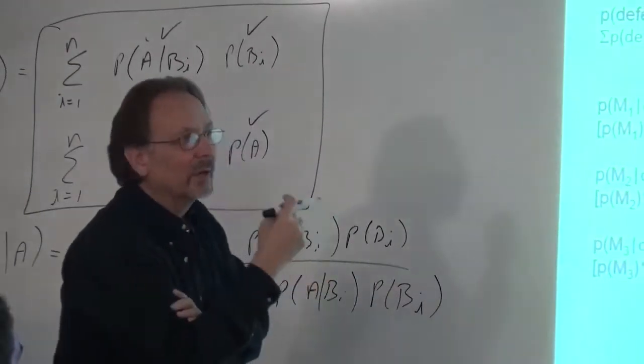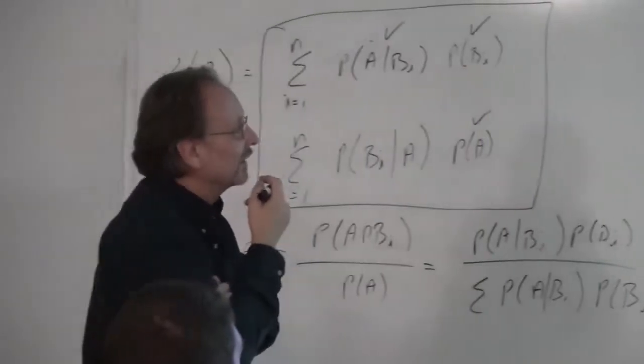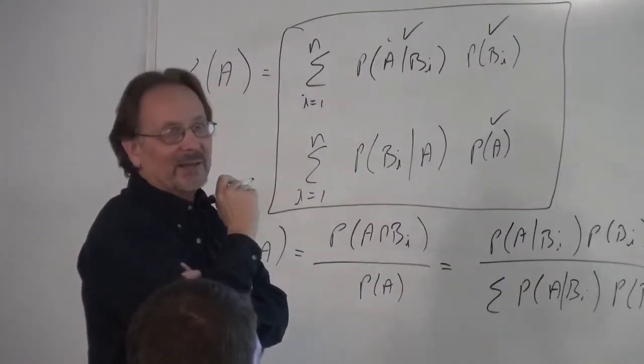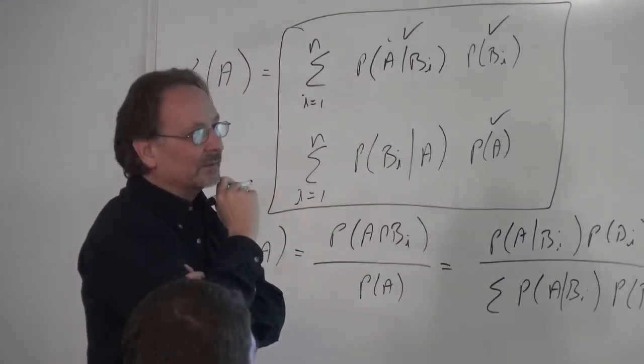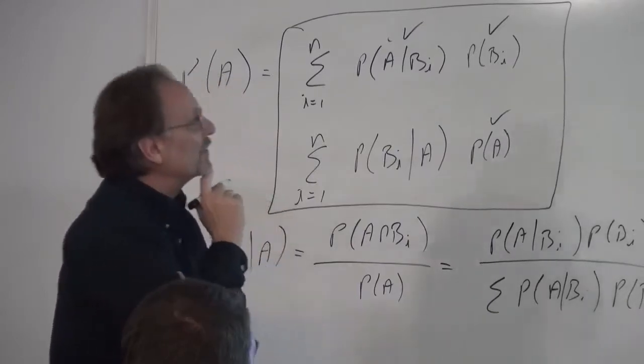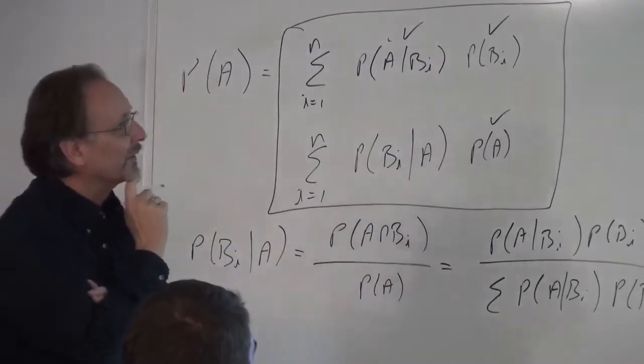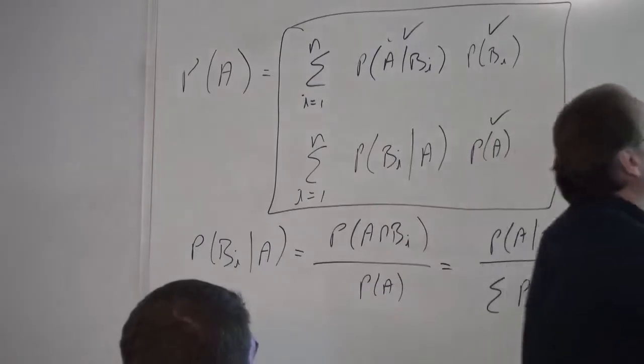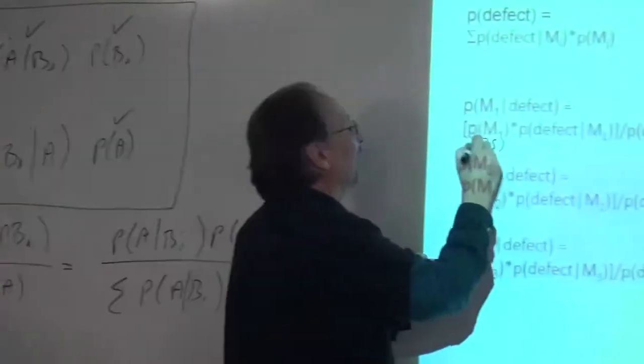Does everybody see, or for each one of these, do you want me to put the numbers to this? Would that make it easier? Yes. Okay, so the probability of machine 1, we already know was 0.35, right?